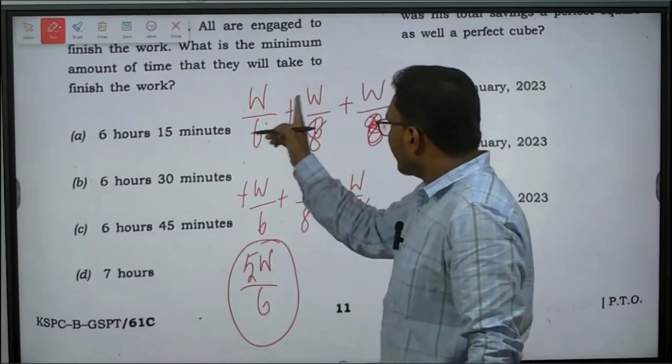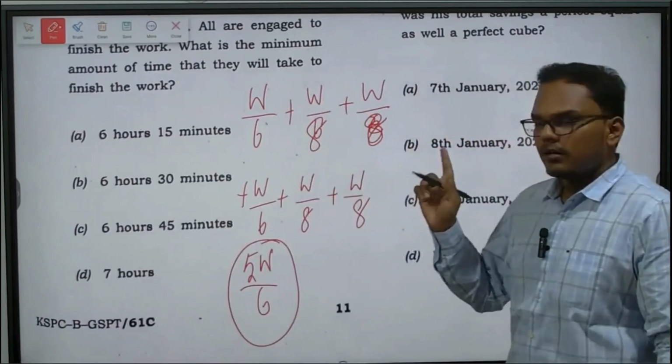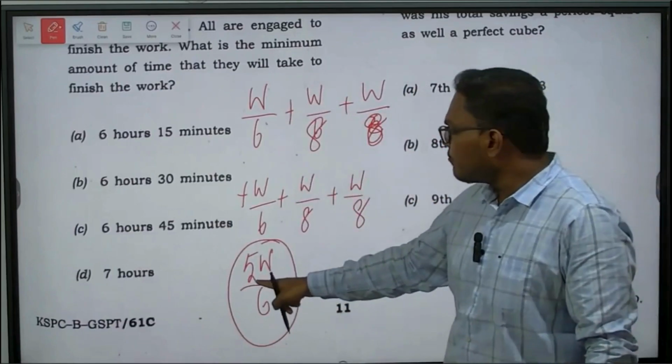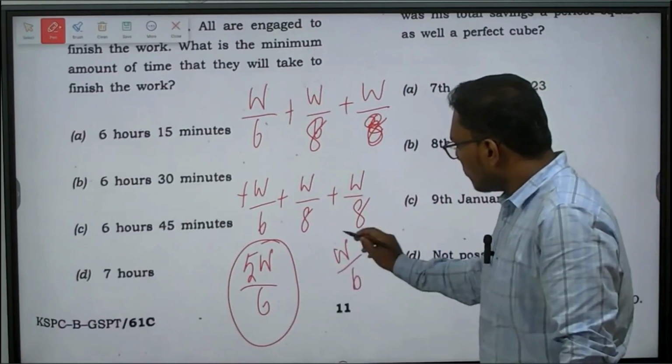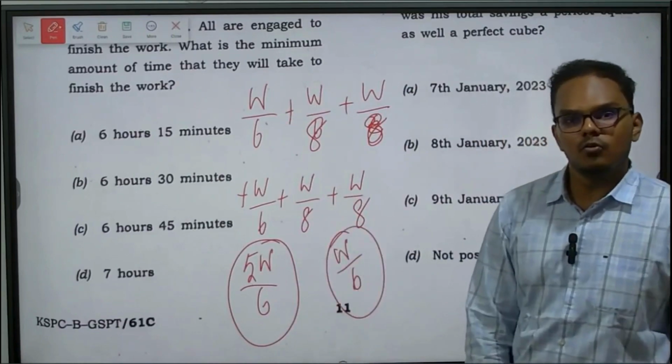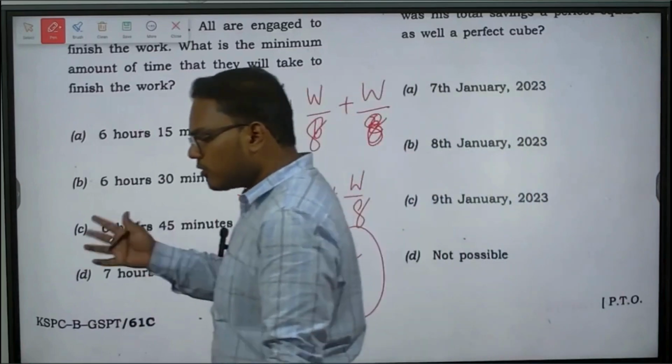Which means if everybody works for 1 hour each in this order, 5 by 6 of the work is done. So what is the work remaining? W by 6 is remaining. Now the catch is, who is going to work next?